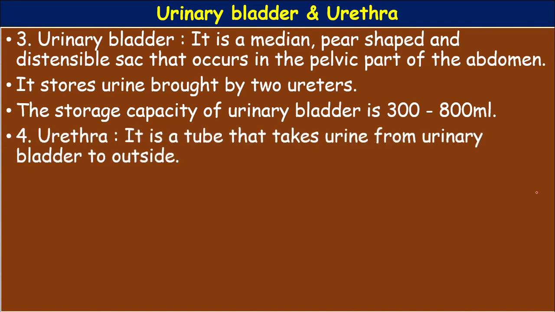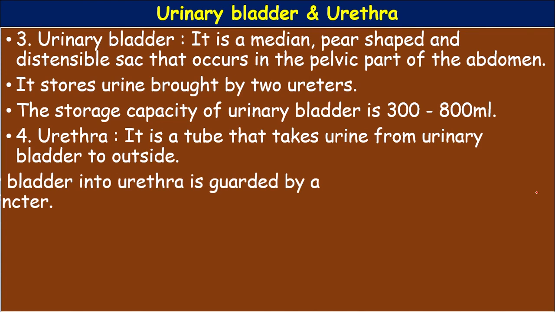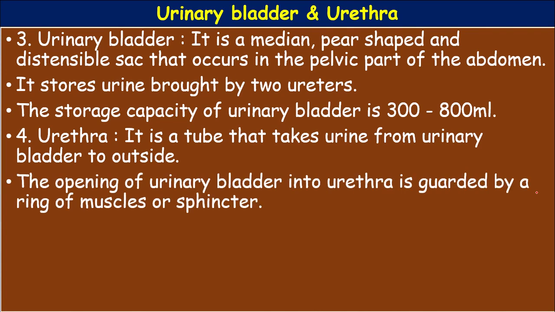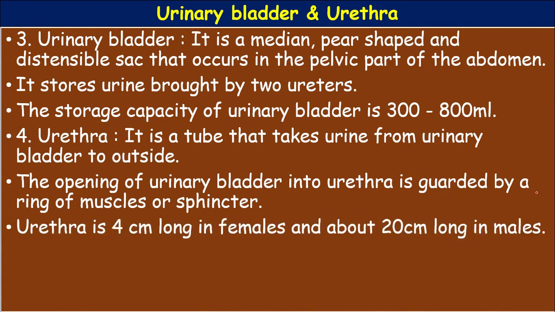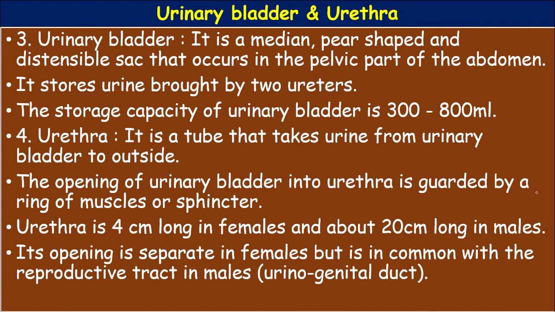And finally, urethra. Urethra is a tube that takes urine from urinary bladder to outside. Excretory system opens out through urethra. The opening of the urinary bladder into urethra is guarded by a ring of muscles, called sphincter muscles. Urethra is 4 centimeter long in females and about 20 centimeter long in males.